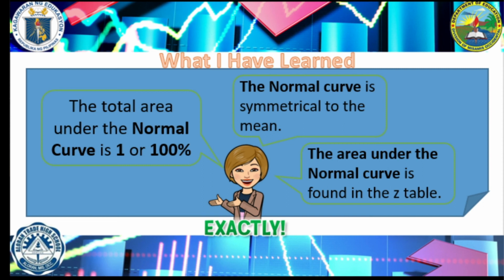The normal curve is symmetrical to the mean because the mean is at the center of a normal curve. So from the right of the mean to the left of the mean, they are equal. Next, the area under the normal curve is found in the z-table. So if you're asked to find the area under the normal curve, you look for the z-table.